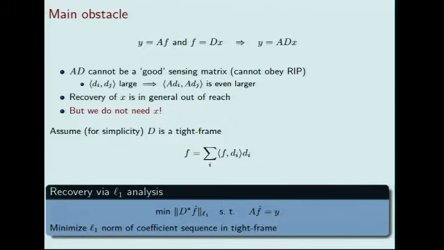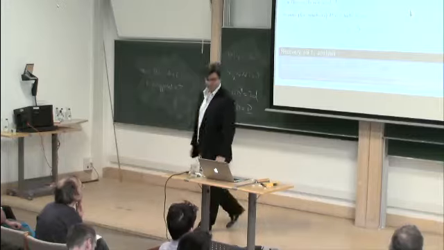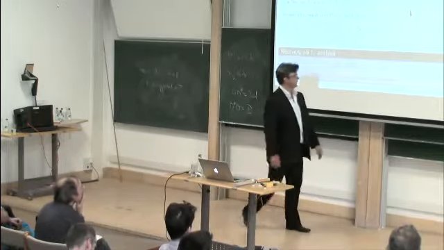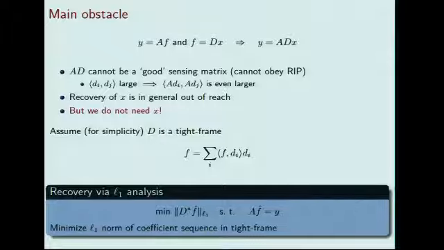This is something we call L1 analysis. It's different from what we've seen before. It says that we're going to minimize the L1 norm of the coefficient sequence in your tight frame. For example, if D is a curvelet transform, I'm going to try to find an object whose curvelet coefficients have minimum L1 norm. All right, so that's the algorithm.